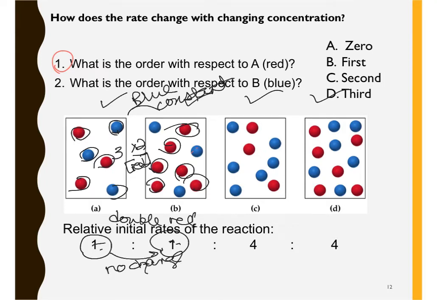So there is no change in rate when we double the concentration of red. What does that tell you about the order of reaction with respect to red? Let's start writing the rate law, which is the purpose of these experiments. We now know that it is zero order with respect to the red reactant. There's no change in rate.